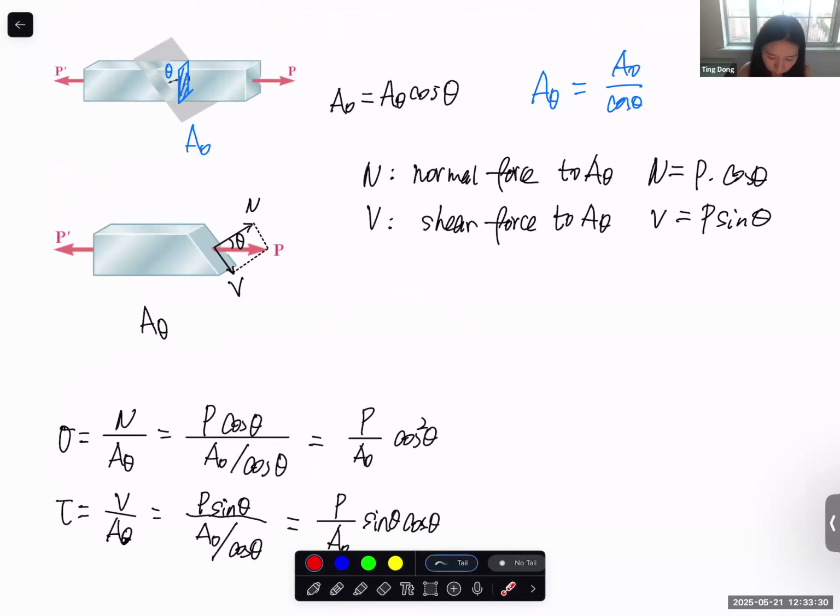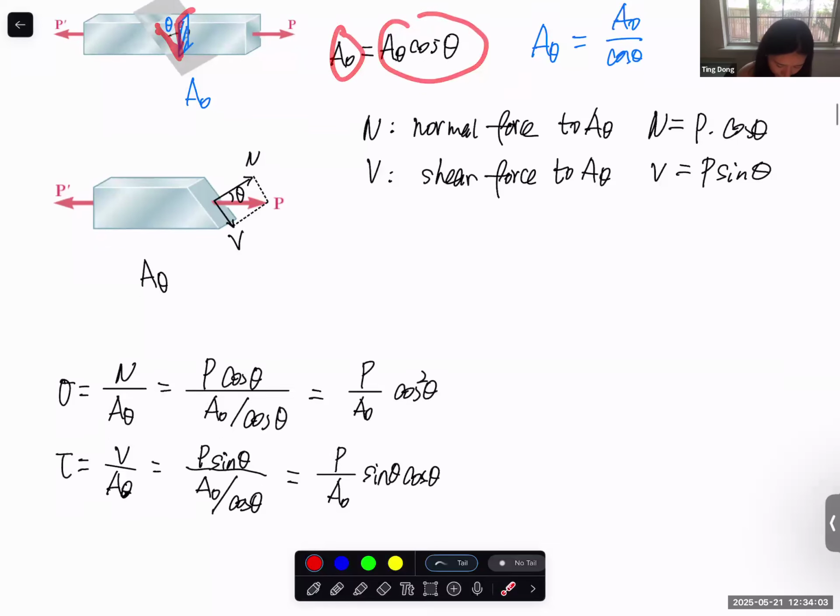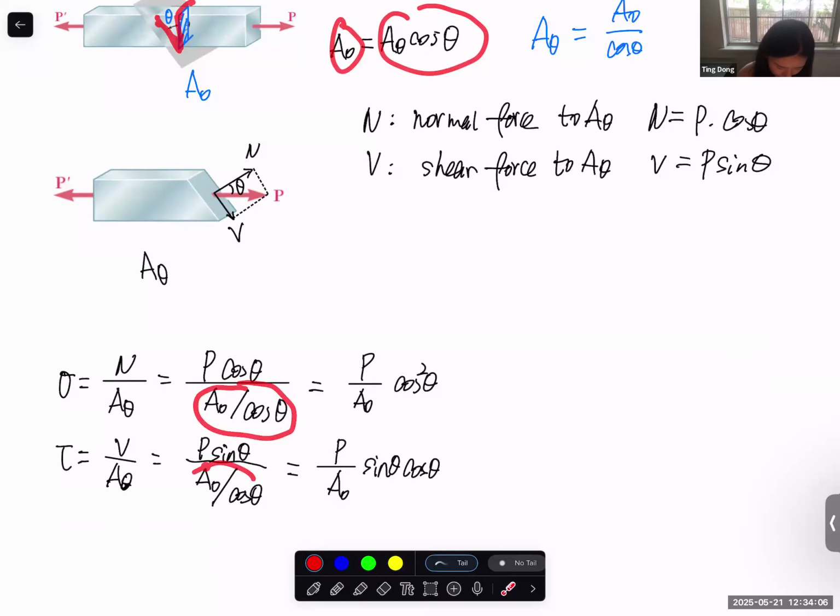So for the normal force, we can find this component. It is equal to P cosine theta based on our theta definition, and the shear force is P sine theta. And for the area, if we define the cross-section area as A naught, then A theta times cosine theta equals A naught, the cross-section area. So now here we have A theta.